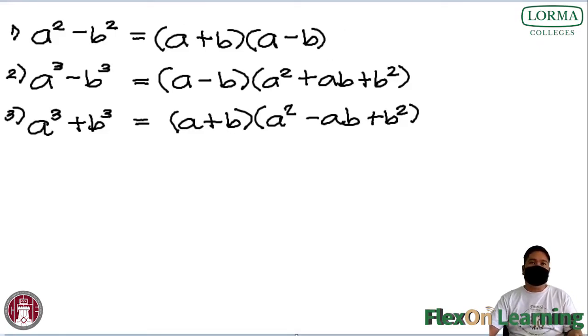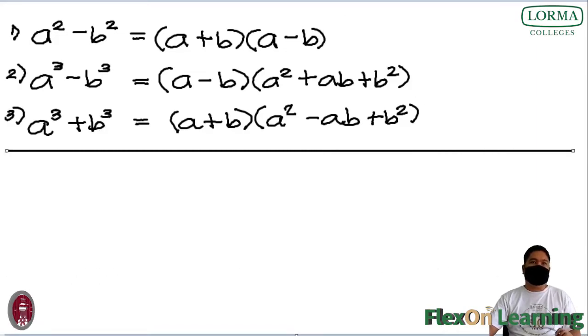Let us try some problems to factor. For example, number 1, we have 4x squared minus 9. This first expression is a square.